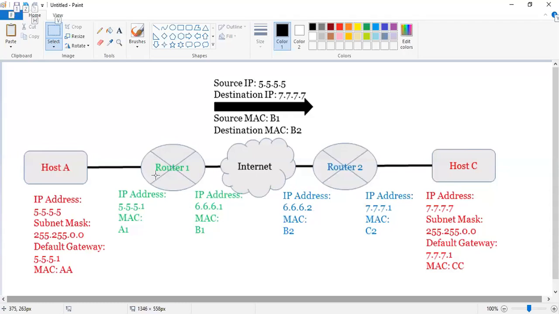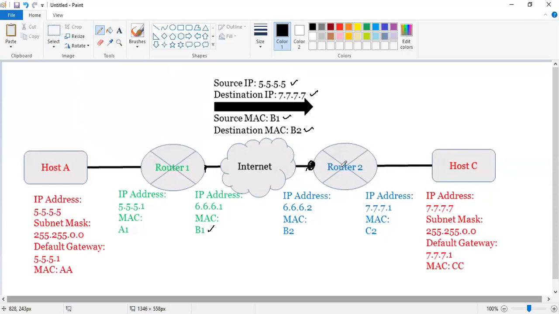Now we know the MAC address of the next hop, that is B2, this particular port of router 2. So we have the source IP and the destination IP, and we know the source MAC address, that is B1, from where it is starting. The destination MAC address is B2, and you will be sending it over to router 2.